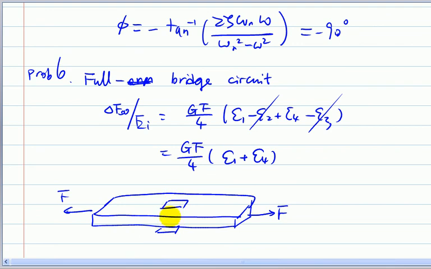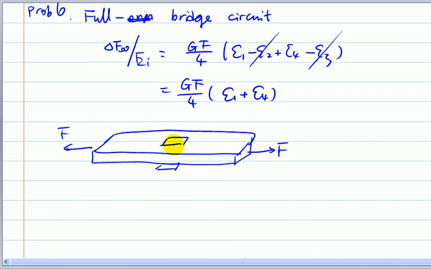So both strain gauge sensors will sense a tensile strain, positive strain basically, and the amount of strain will be the same. So this equation here just becomes like that. Now this question becomes pretty clear.